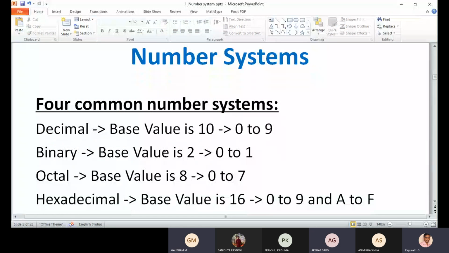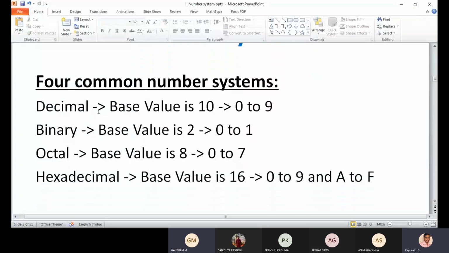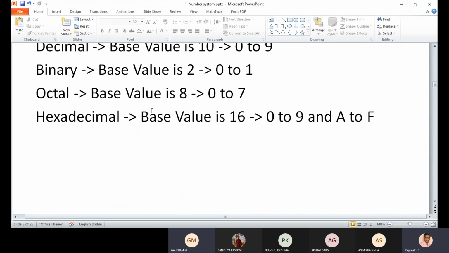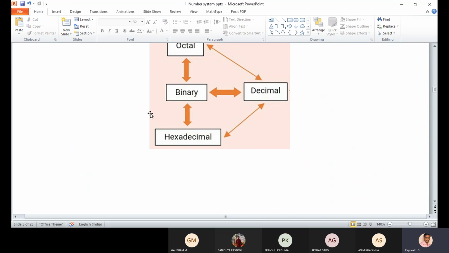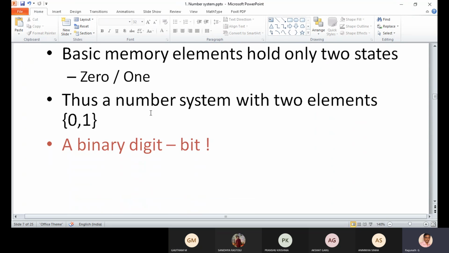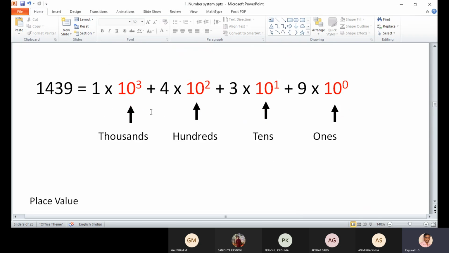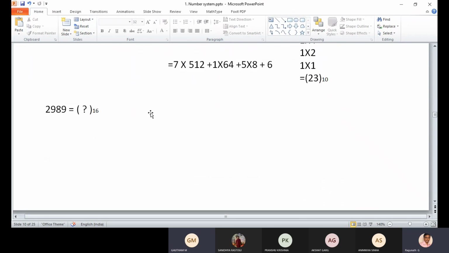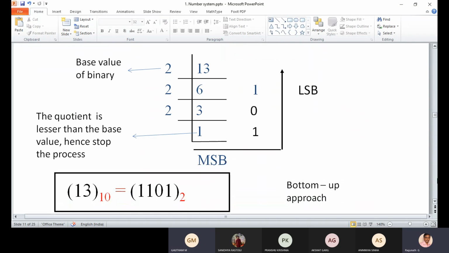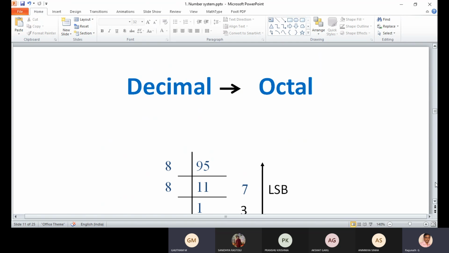Now we will see how to convert the decimal number system to other base number systems. We will take one example. We follow the same method for converting to octal and hexadecimal.